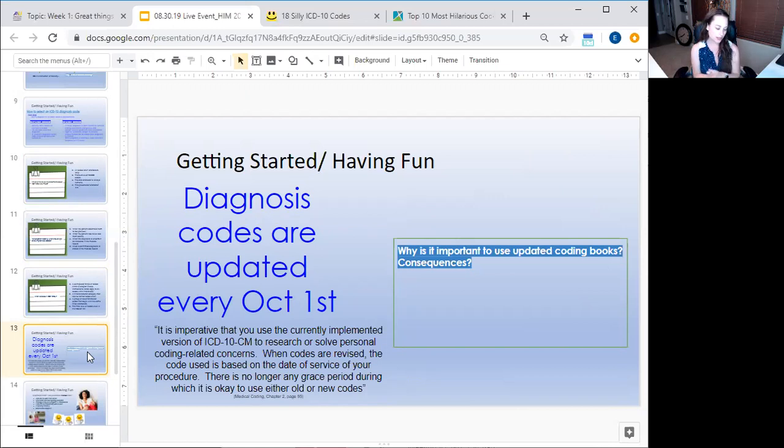Did you know that by using outdated coding books or potentially using old codes, you could actually be committing not necessarily fraud, but part of the fraud, waste, and abuse category, right? So fraud, of course, is intentional, intentionally maybe billing inaccurate codes, but bad practice can also fall into maybe an abuse or waste situation. So either way, very important to make sure that you have the most current coding information to make sure that you're doing the most accurate coding.